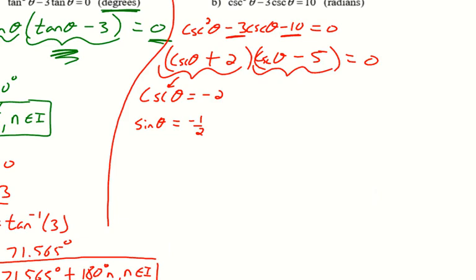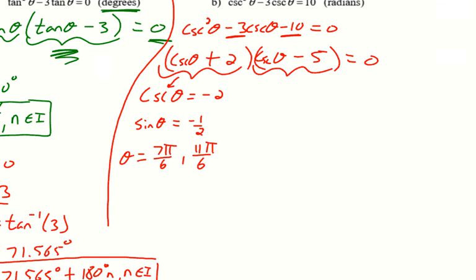Okay, so theta is equal to 7 pi over 6 and 11 pi over 6. But we need the actual answer, written out.